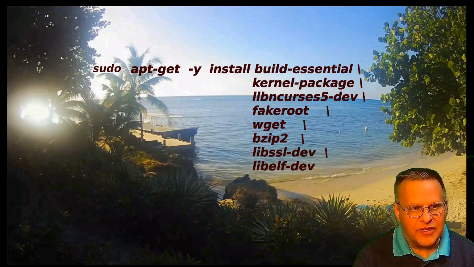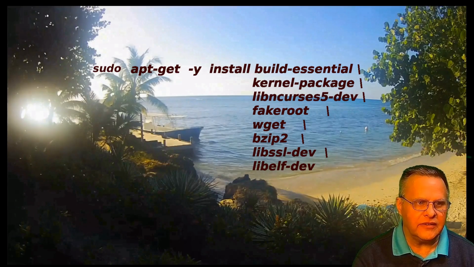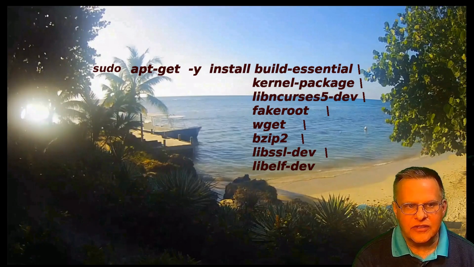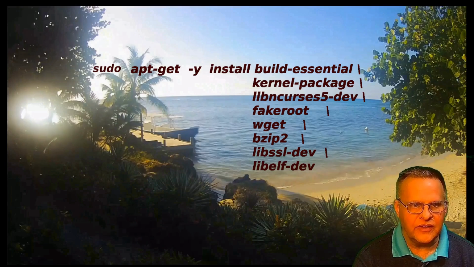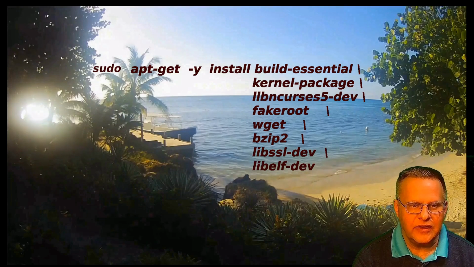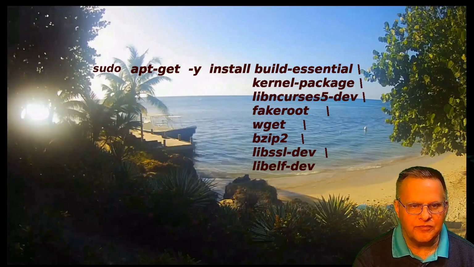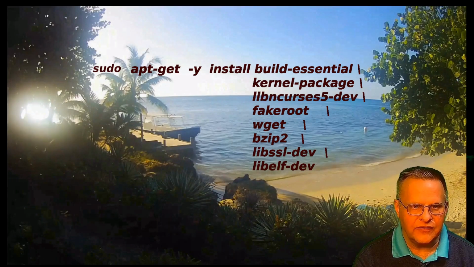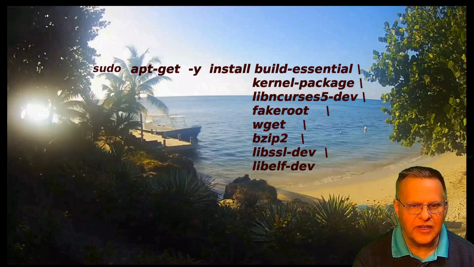I'm going to use apt-get, and the software you're going to need is build-essential, kernel-package, libncurses5-dev, fakeroot, wget, bzip2, libssl-dev, and libelf-dev. And you should get all of these packages before you try and install the kernel. I've got exactly what you need right on the screen.